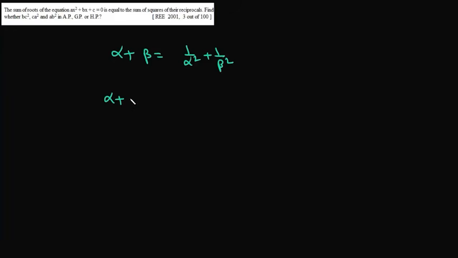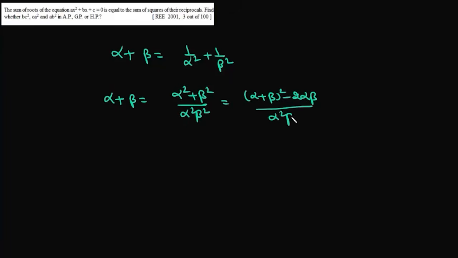So essentially it is alpha plus beta equals alpha square plus beta square upon alpha square beta square, which we can also write as alpha plus beta whole square minus 2 alpha beta upon alpha square beta square. Now alpha plus beta is minus b upon a. This is minus b upon a square minus 2c upon a, and this is c square upon a square.